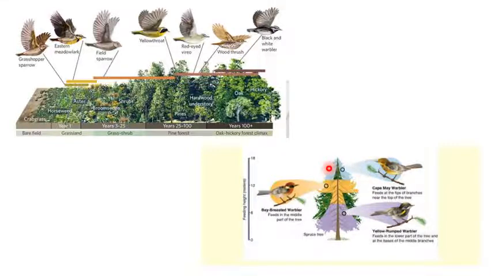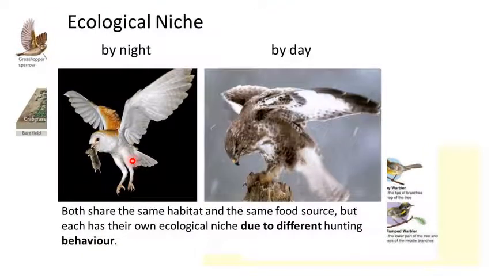Some animals live in the same habitat and also share the same common characteristics in terms of niche. What do I mean? If you look at this picture, you can see these two birds have the same niche, which means they have the same feeding habit. So they feed upon the same group of animals.